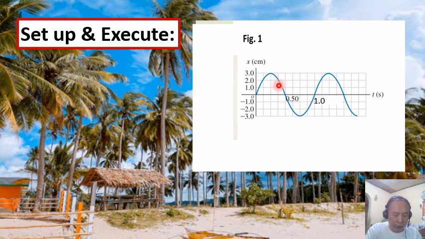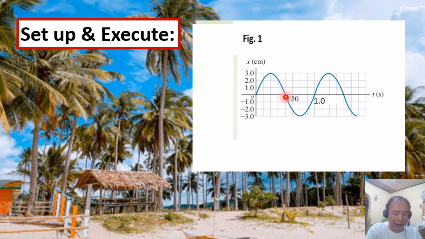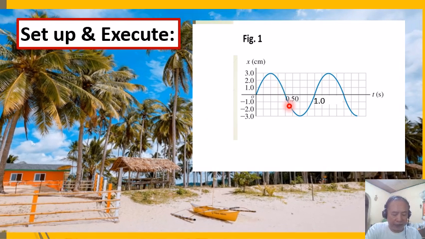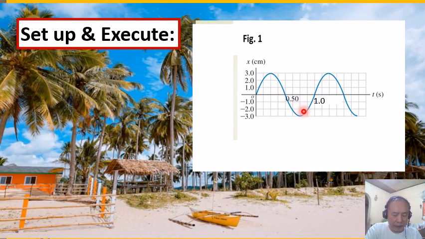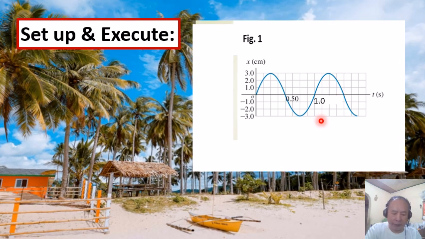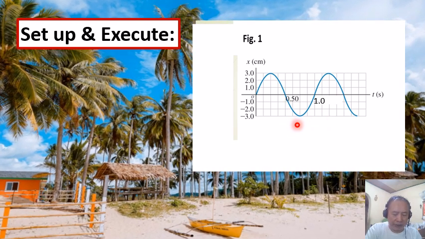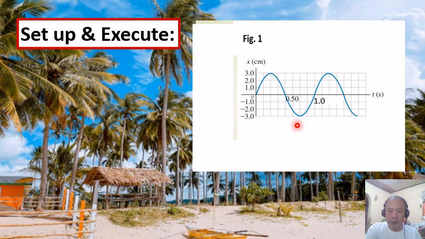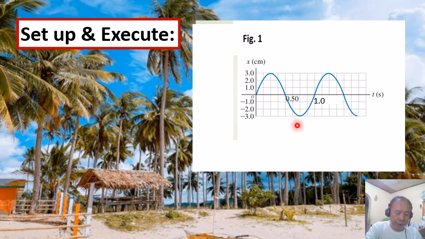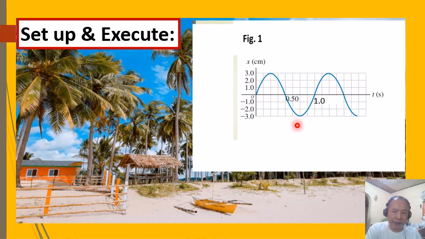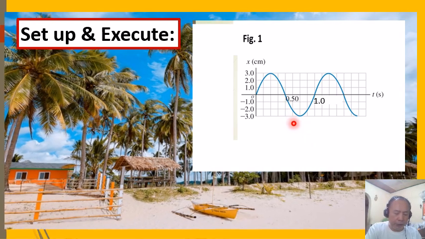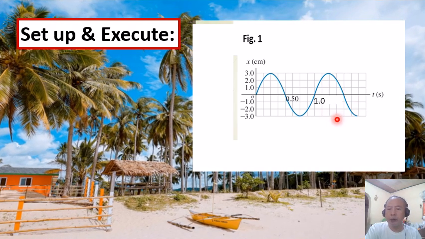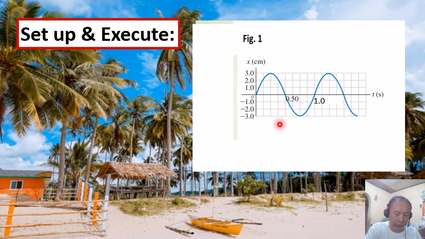Moves back to the equilibrium position at exactly t, or time equals 0.5 seconds, and then is displaced negatively at x equals negative 3.0 centimeters. Then passes the equilibrium position at time equals 1.0 seconds.